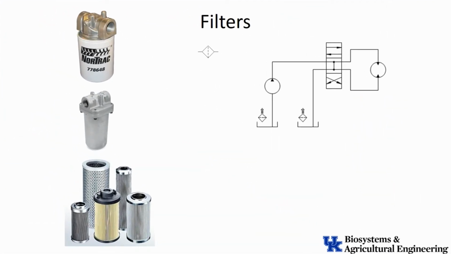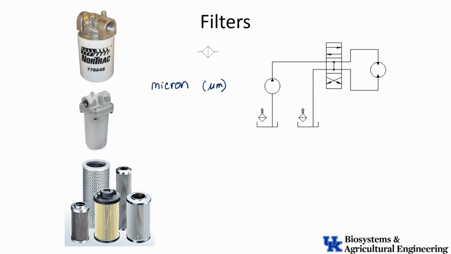There are a couple of ratings that we understand for filters. The primary rating is the micron rating. What is the micron rating of a filter? A micron is a micrometer, all right? It is what it says it is. It's basically the size of the holes in the element that the oil has to go through. The fluid has to pass through this element, and it's designed with a certain size hole that's going to trap certain size particles.